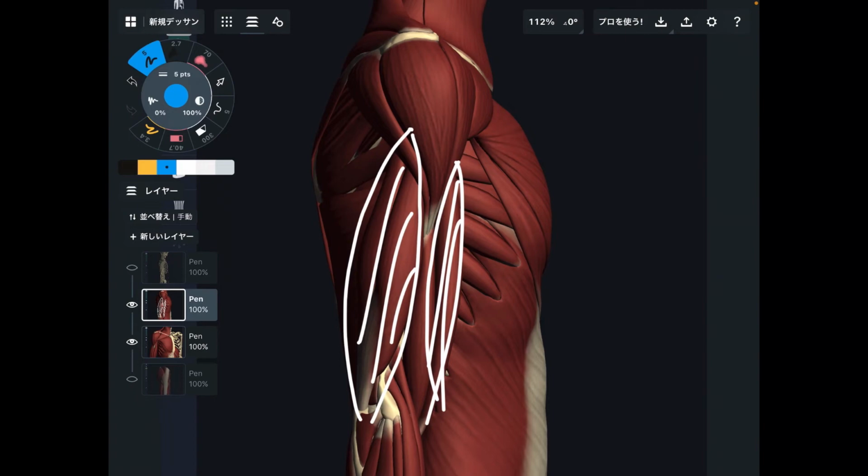If biceps is tight, the elbow is in flexion position, so triceps is elongated. Why? Because the main function of triceps is elbow extension. If the elbow is in flexion position, triceps is slightly stretched.